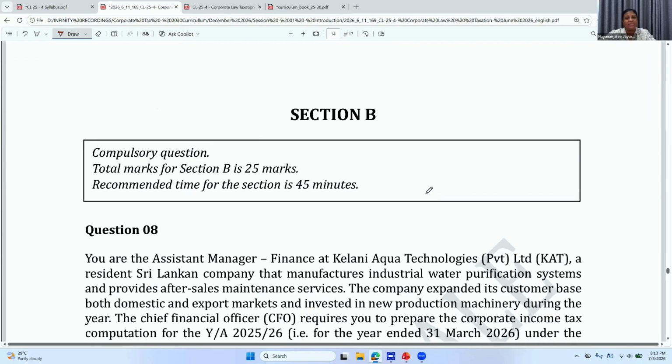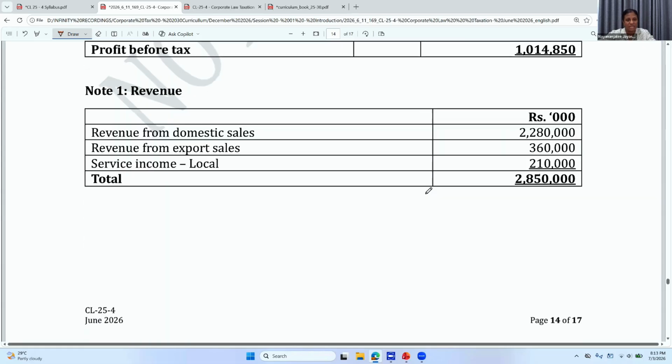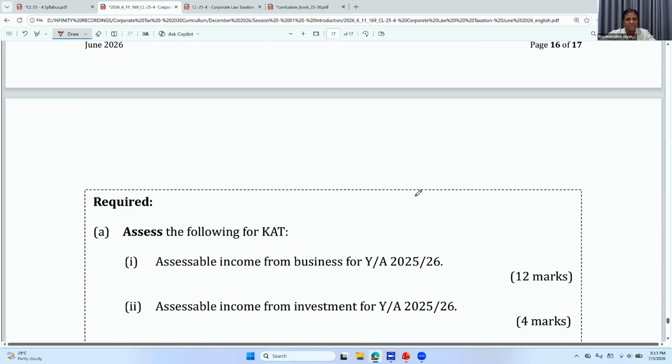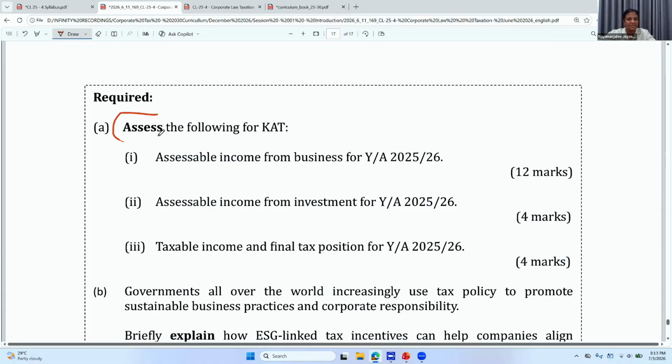And for Section B, in Question 8, what it has given is assessable income of the business, investment, and tax liability. These are the components of resident company taxation that are learning outcomes in your syllabus.